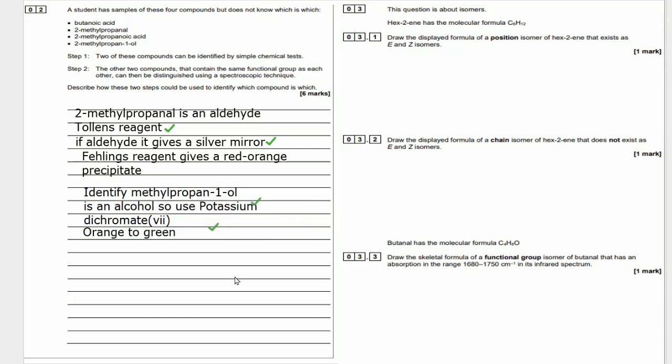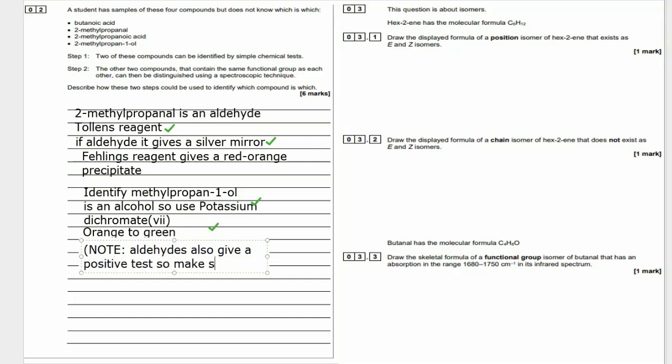The aldehyde is going to go orange to green as well. So what we're going to need to do here, as a quick note, aldehydes also give a positive test.